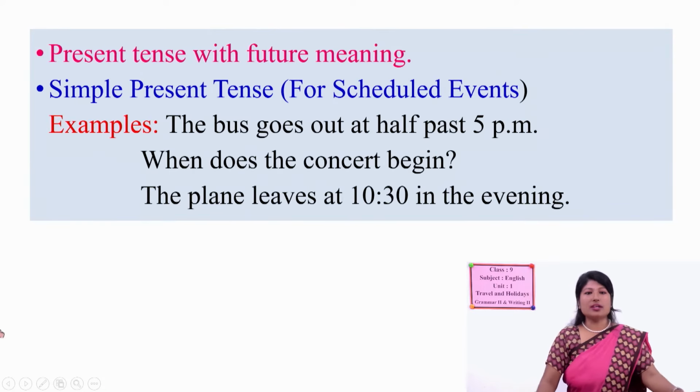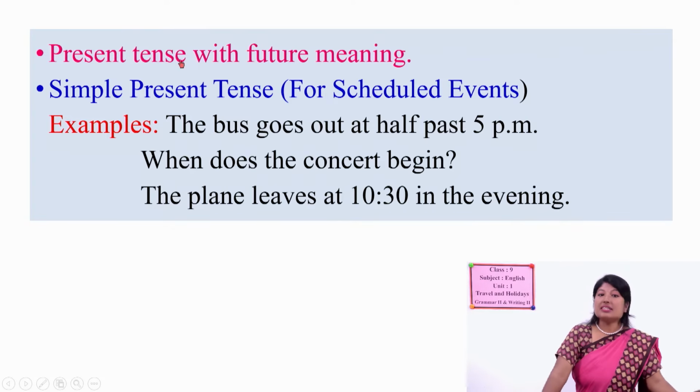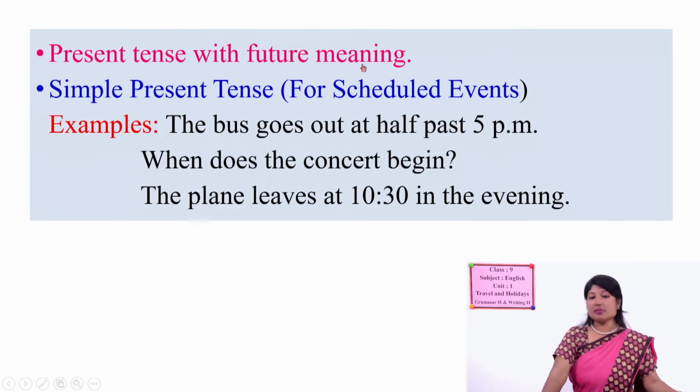Now look here, present tense with future meaning. Previously we talked about simple future. Now, present tense but with future meaning. Simple present tense is used for scheduled events. So these statements are in simple present tense, but they convey the meaning of future.